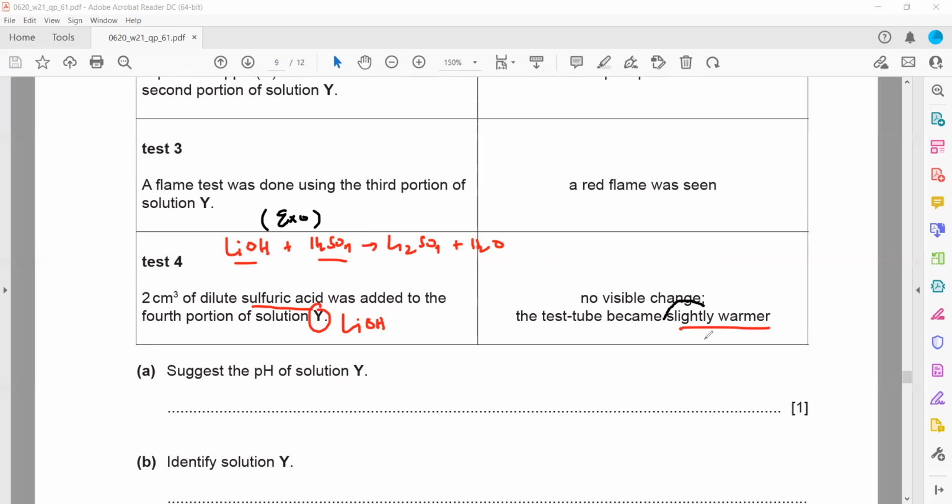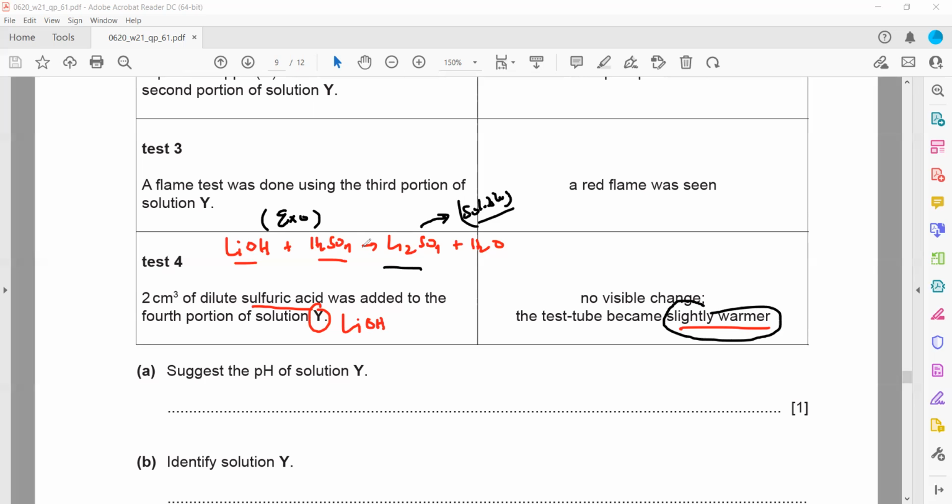That's why the test tube becomes slightly warmer. And we don't observe any change, no precipitate or solid forms, because lithium sulfate is a soluble salt. When a soluble salt is formed by mixing two solutions, you don't observe anything. If it was an insoluble salt, then you would observe a precipitate.